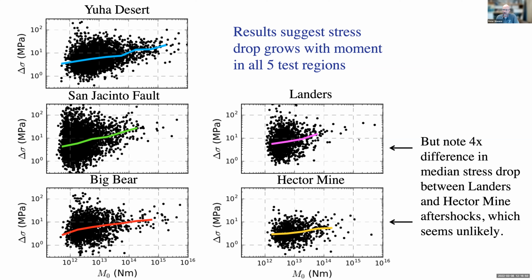Anyway, you see that these curves are not in the same place. There's about a factor of 4 change in the median stress drop, and that would be a little bit surprising if you saw such a large change in the earthquake properties for these two events that are in reasonably similar locations, and the events themselves look kind of similar. So why would we then see this factor of 4 change?